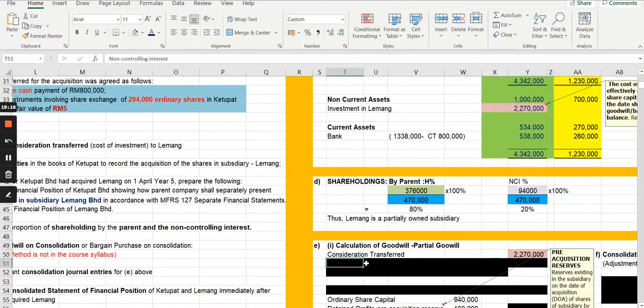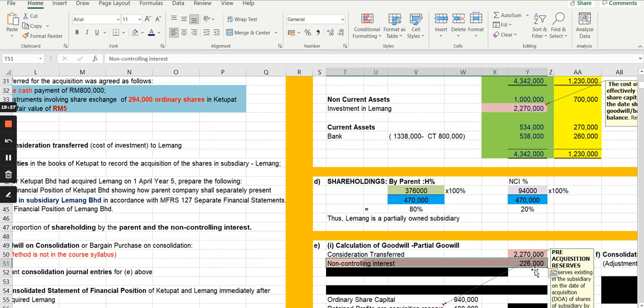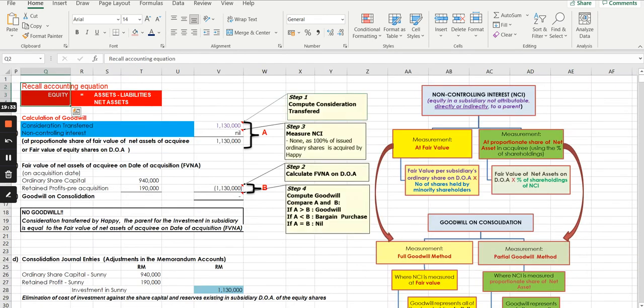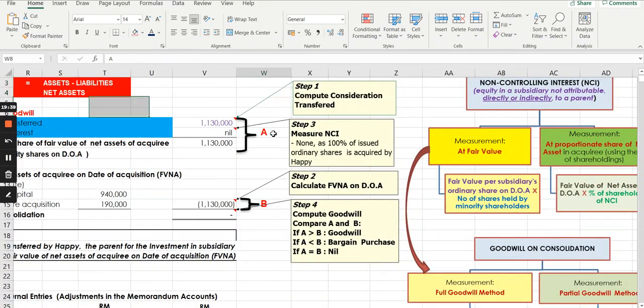The next one is to calculate the non-controlling interest, because we need to find A minus B. Remember, A is the total of 2270 plus 226. Just to recap, if you have forgotten, A is the total of consideration transferred plus non-controlling interest.